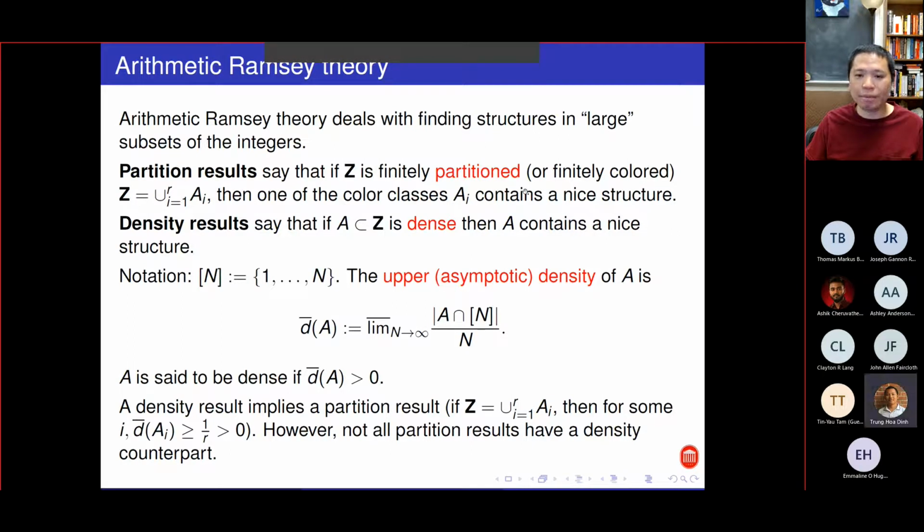But this partition is nothing related to equivalence classes. No, just a random partition. The partition is arbitrary. We can do whatever we like, and it turns out that we always have a structure in one of the partition classes.